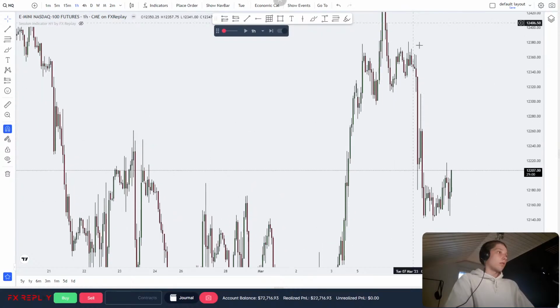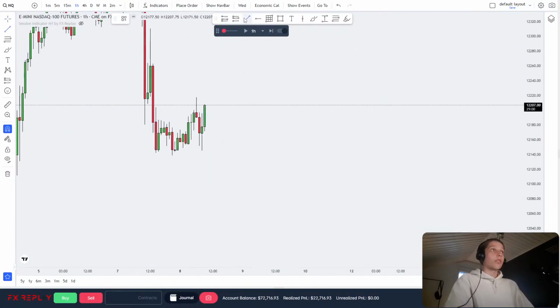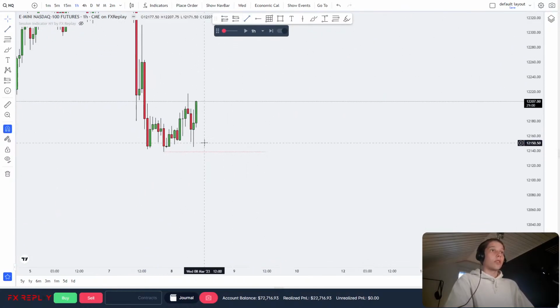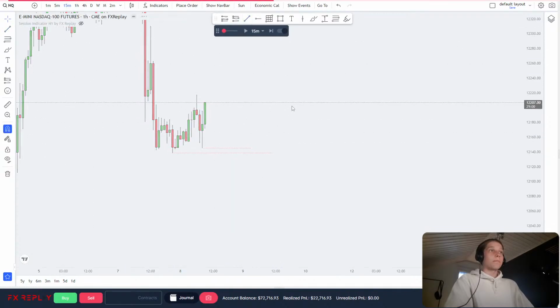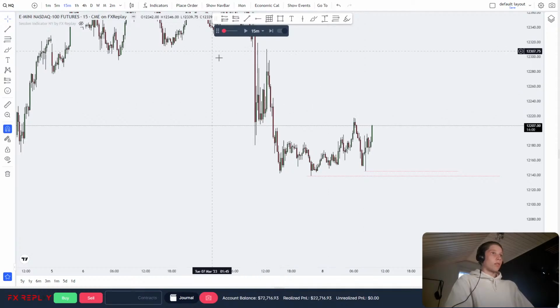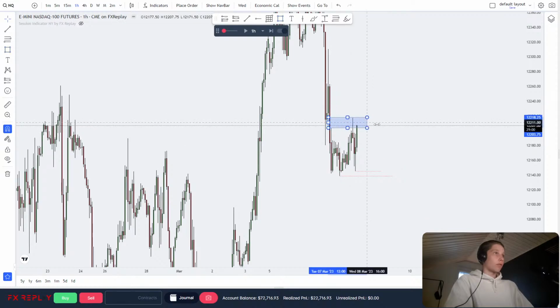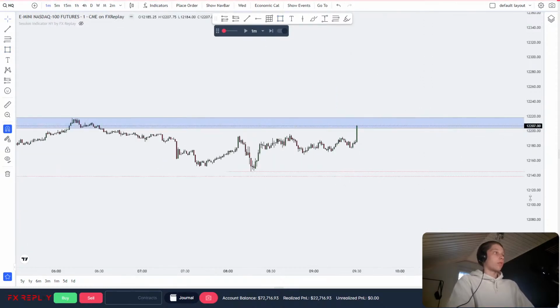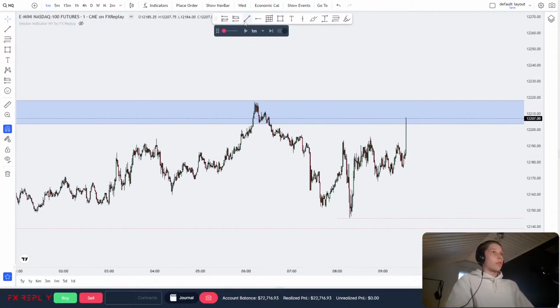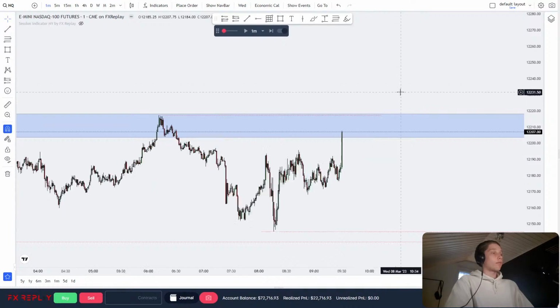So we need to assess where the liquidity lies. There's liquidity down here. These lows are important ones. If we are going for those lows, we want market to retrace from here. So the ideal situation is market takes out this high and respects this gap.